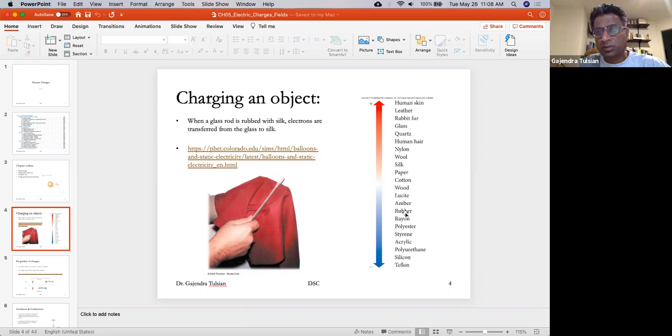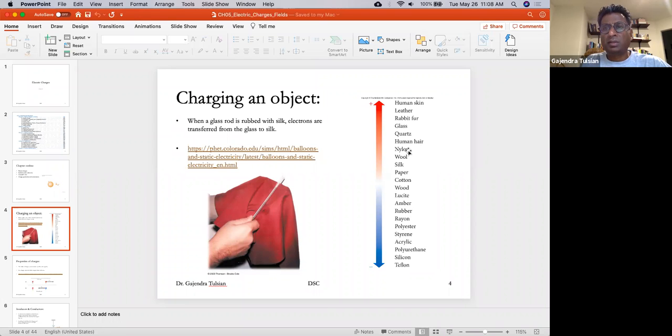So, for instance, if you rub this material against any of these materials, it would grab electrons from them. If you rub a rubber balloon against your hair, rubber will grab some of the electrons from your hair.